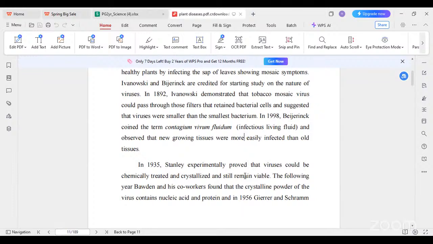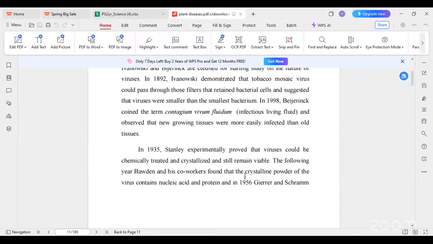In 1898, Beijerinck coined the term Contagium vivum fluidum, the infectious living fluid, called CVF, and observed that newly growing tissues were more easily infected than old tissue.